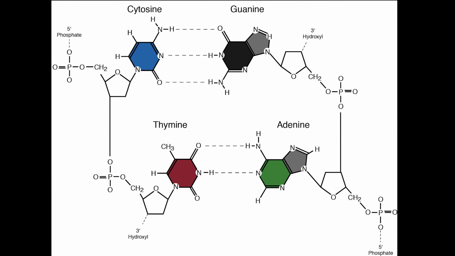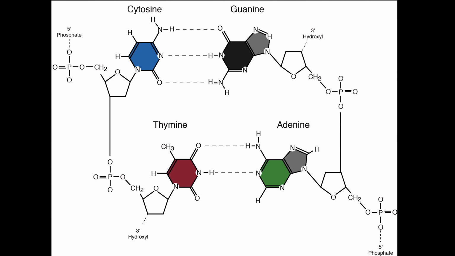Now, guanine and adenine both are molecules with 2 rings. 2-ringed nitrogenous bases are considered your purines. Pyrimidines have only 1 ring. That's your cytosine and your thymine.